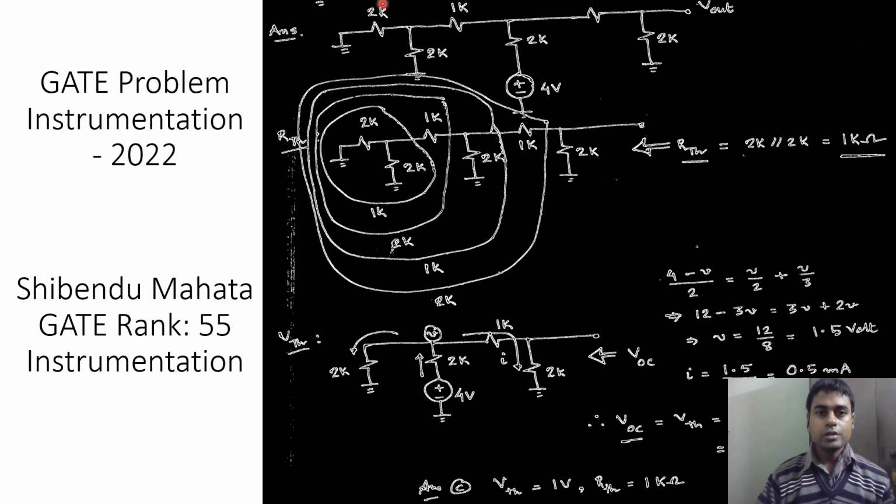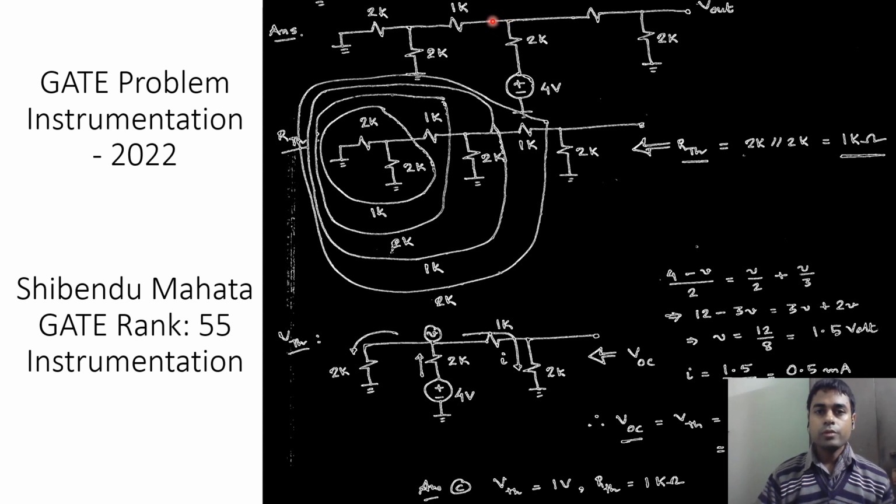So we can start with this part of the network and find that this 2 kilo ohm and this 2 kilo ohm are in parallel, so they form a 1 kilo ohm resistance. And then you have a 1 kilo ohm over here, so I have 1 kilo ohm and another 1 kilo ohm, so this becomes 1 plus 1 equal to 2 kilo ohms because these are in series.